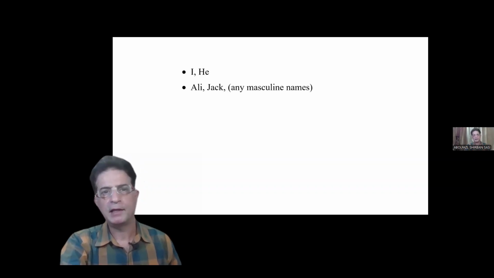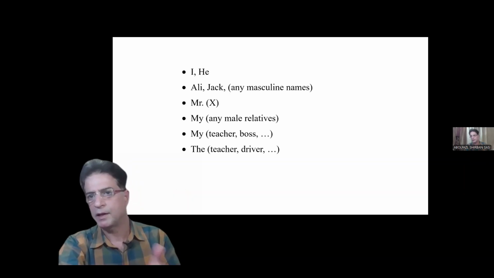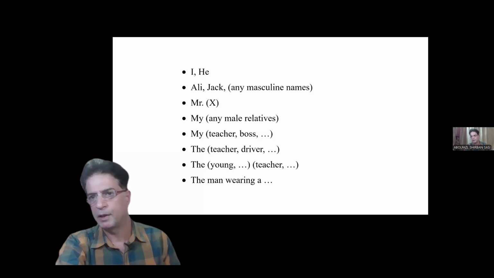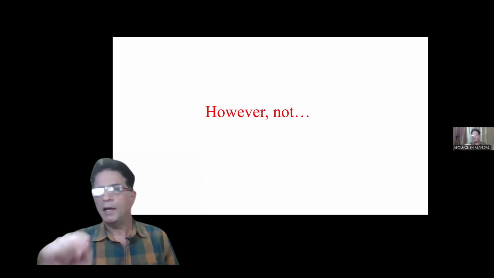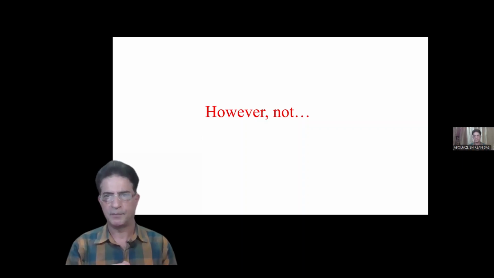Then maybe we can say Ali, Jack, or any masculine name, Mr. X, any male relative, my teacher, boss, driver, any job, the young teacher, the sad teacher, the man wearing a blah, blah, blah, and of course more. However, we have two limitations.